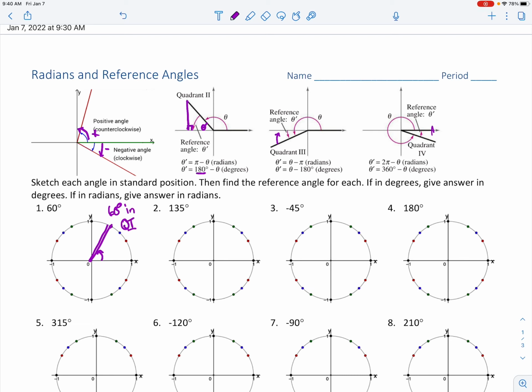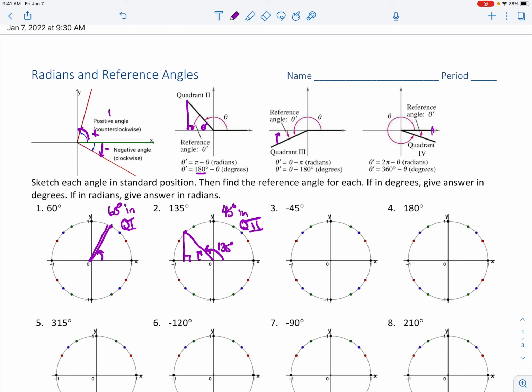And we label our quadrants with Roman numerals. 135 degrees is this angle right here. So we've gone this far to get to 135 degrees. It's 45 beyond the 90, or 45 short of the 180. And so this is a 45-degree angle in quadrant 2.